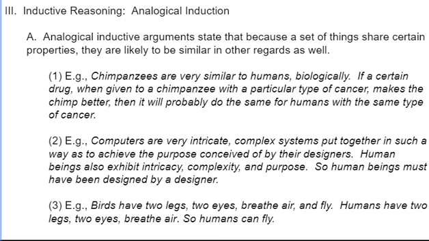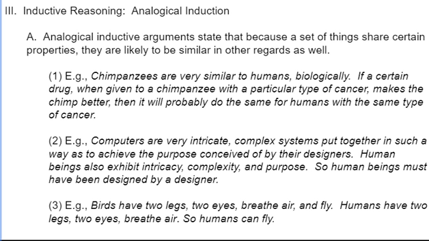Or here is definitely a bad one, right? Number one is pretty straightforward. It's a pretty good example. Number two is definitely an argument from analogy. Is it a good one? Well, some people say yes, some people say no, right? Number three is obviously pretty bad, right? Birds have 2 legs, 2 eyes, they breathe air, and they fly.